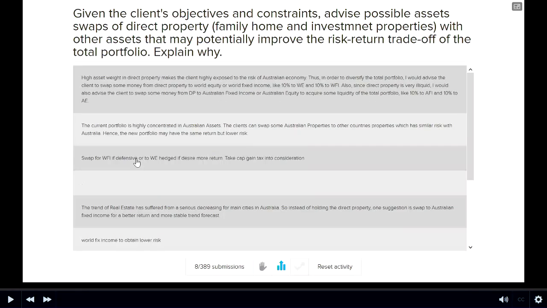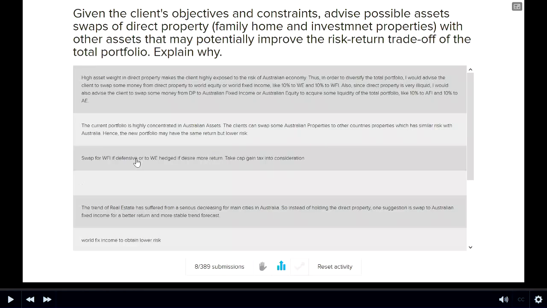You probably have processed the information, the question in your mind pretty quickly, and you work out the solution and you put it down, world fixed income or world equity, but you fail to lay out the reasoning. There must be some reasons, beliefs that you form this opinion or advice. You have to put this down in writing to answer that question.